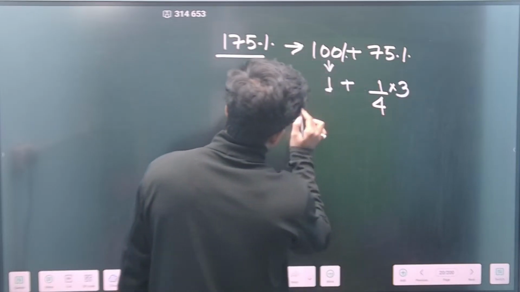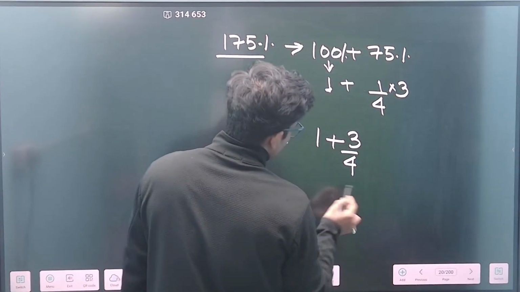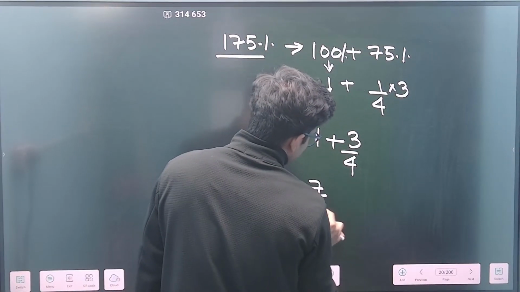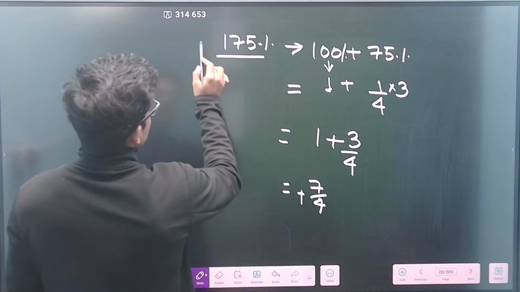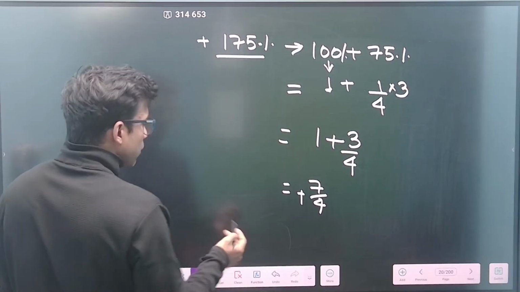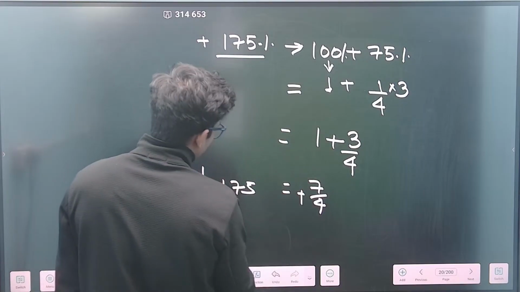So this becomes 1 plus 3 by 4, and the whole becomes 7 by 4. So if you say that anything is increased by 175%, or you say that anything is increased by 7 by 4, they both are equal.